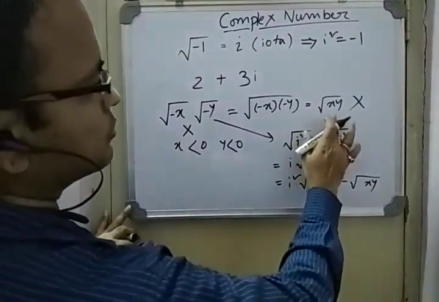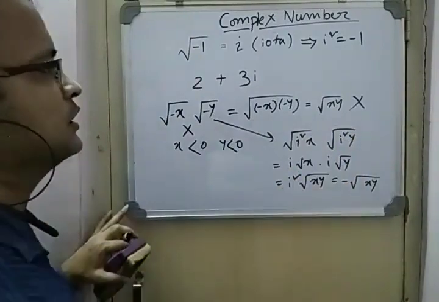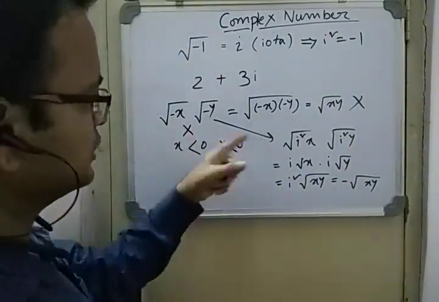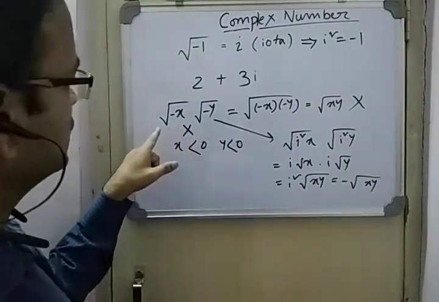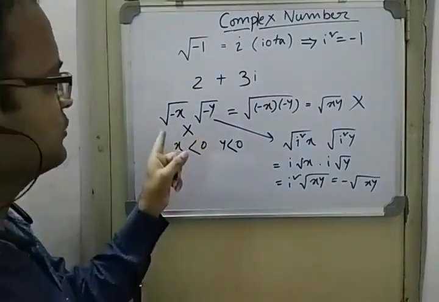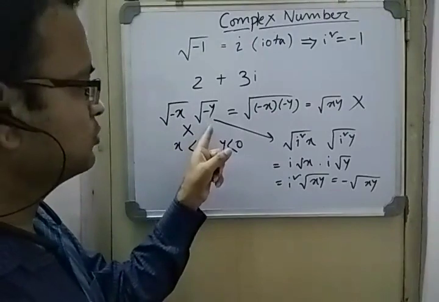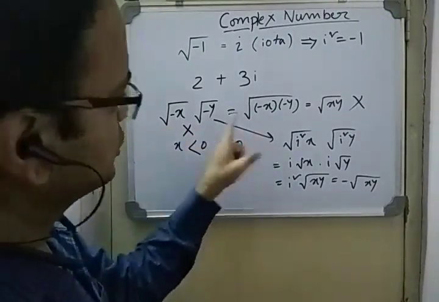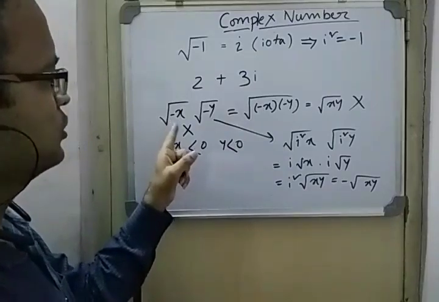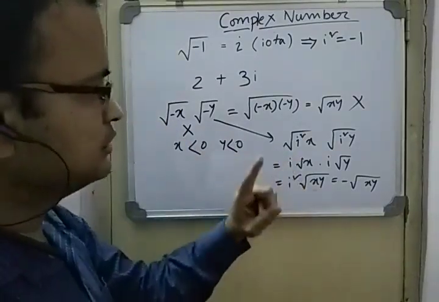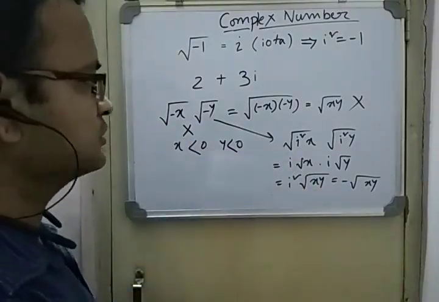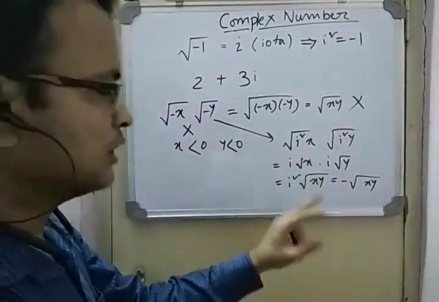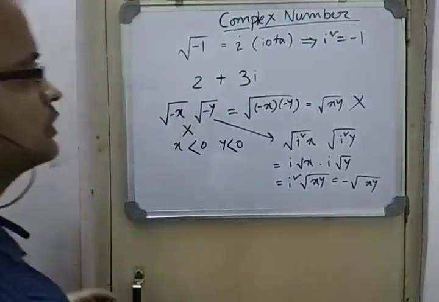So it's not equal to this. The simple multiplication that we knew till now for real numbers is not applicable here if the multiplication is in the form of root over of x into root over of y and both are negative. In that case, first you have to replace minus with i or i square, in terms of i, inside the root, then do the simple calculation.